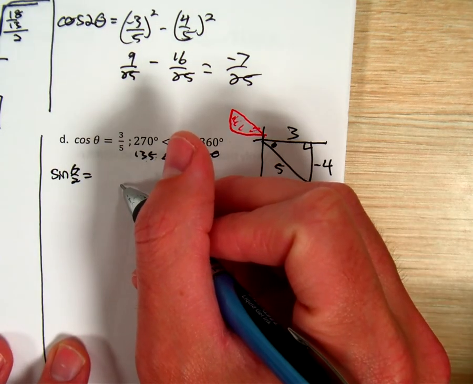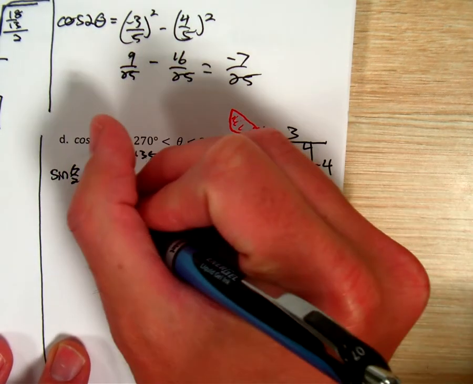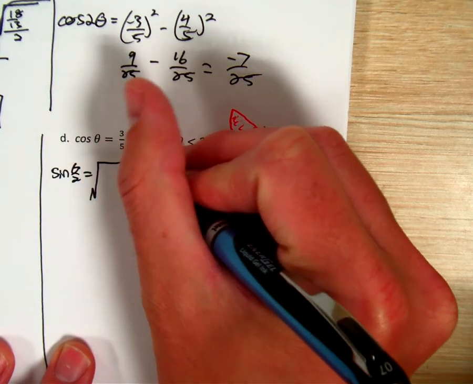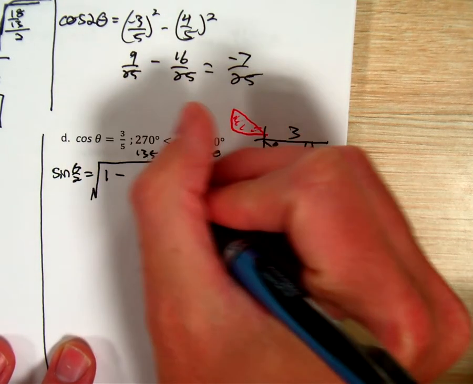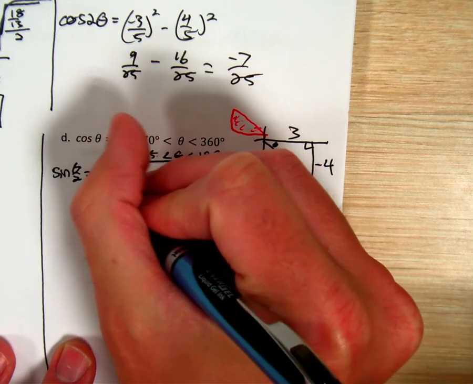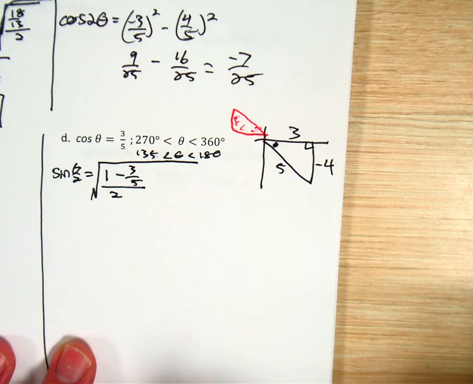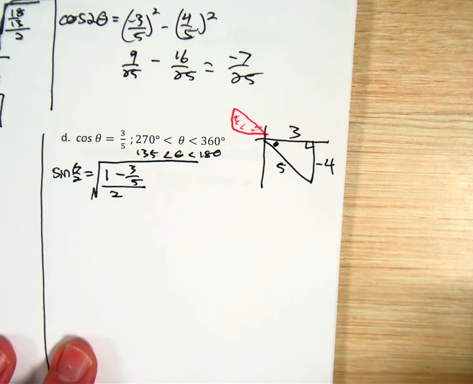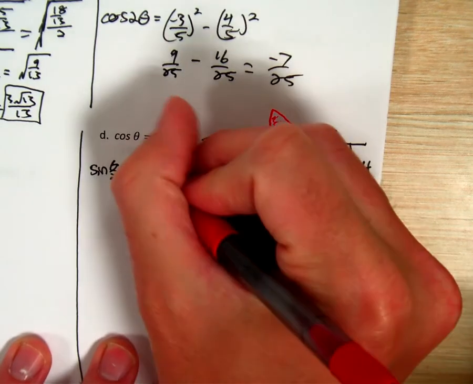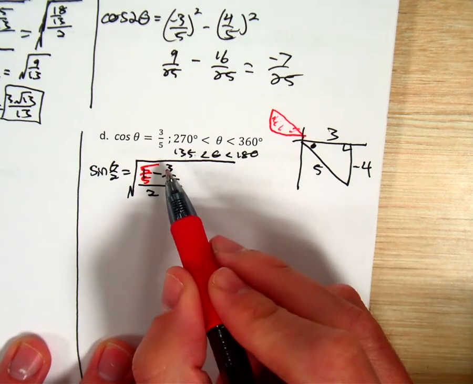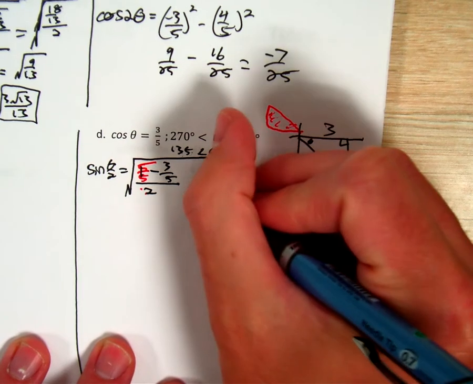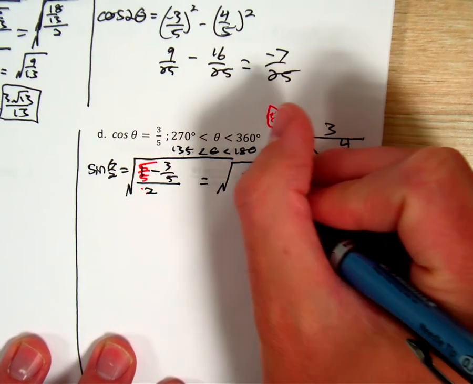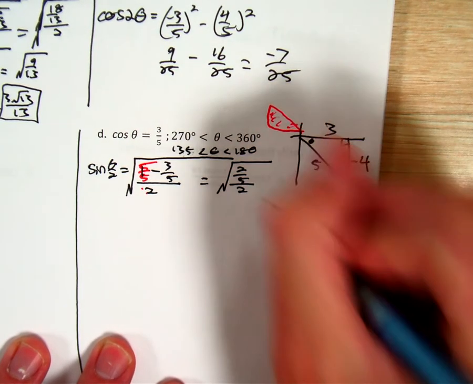Here we go. Big square root. We've got 1 minus cosine, 3/5, over 2. Change your 1 to 5/5, so we've got 5/5 minus 3/5, which is 2/5, over 2.